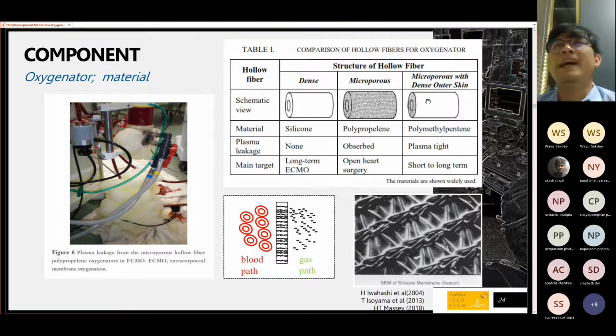So the new design combines the benefit of using hollow fiber, which reduces the hemodilution effect. They turned from polypropylene to polymethylpentene. So it's much tighter in the micropores, and it can reduce the risk of plasma leakage.